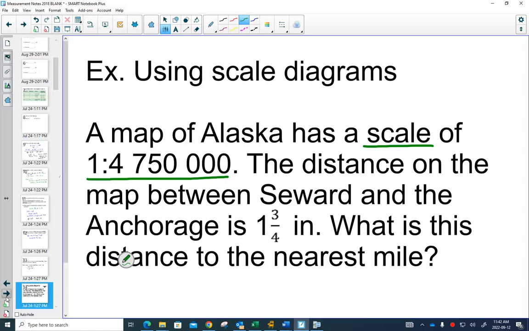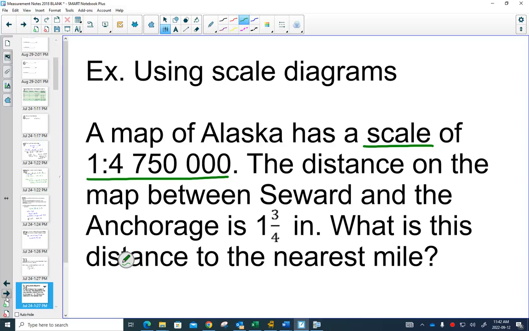In a scale like this, if there are no units given, and this one has no units given, that means that the units are the same. So if you chose centimeters, 1 centimeter on the map is 4.75 million centimeters in reality. 1 inch on the map is 4.75 million inches in reality.